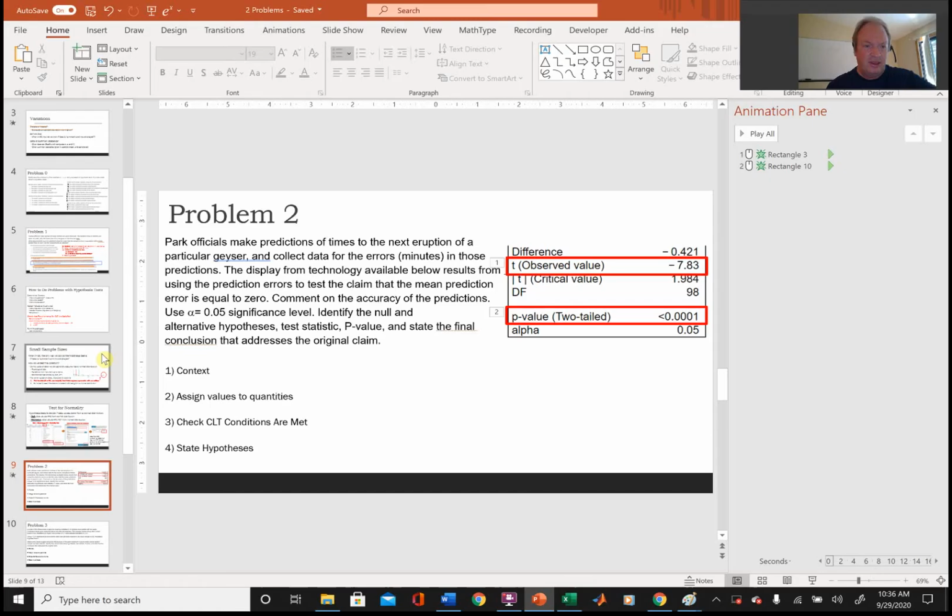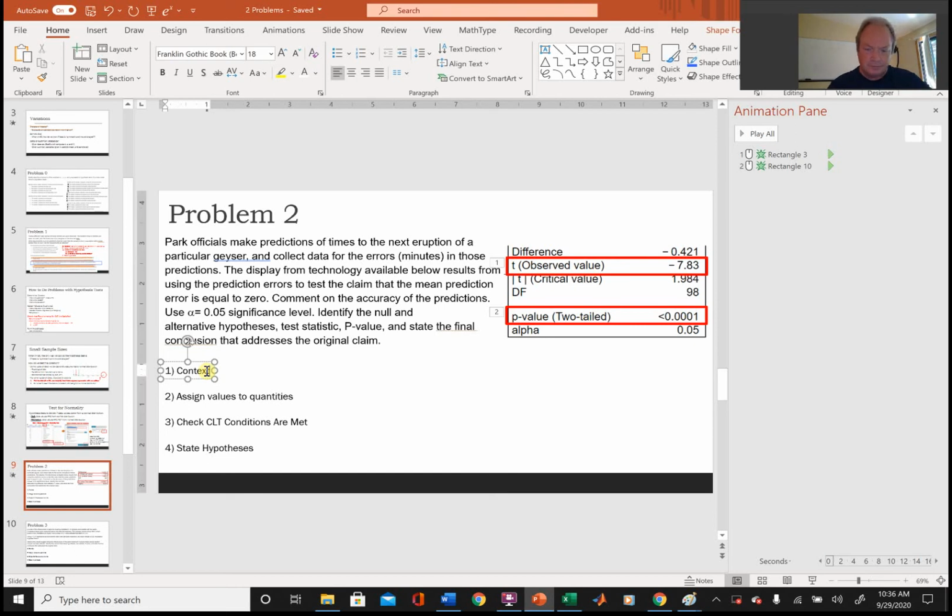So the context here is that we're looking at all eruptions from a particular geyser. Okay, so now we know what we're looking at, okay? Let's see. Whoops, geyser misspelled.